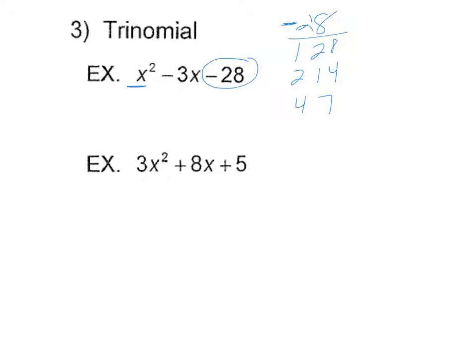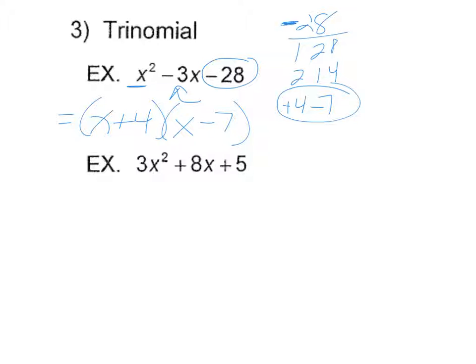Because the 28 is negative, I know that one of my factors has to be positive and one has to be negative. So I want to pick the pair that when I combine them, I end up with a negative 3. That would be 4 and 7 if the 4 is a positive and the 7 is a negative. And so in my little factored parentheses, I'll have x plus 4, x minus 7.